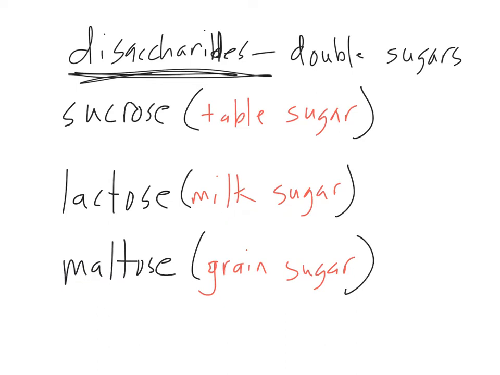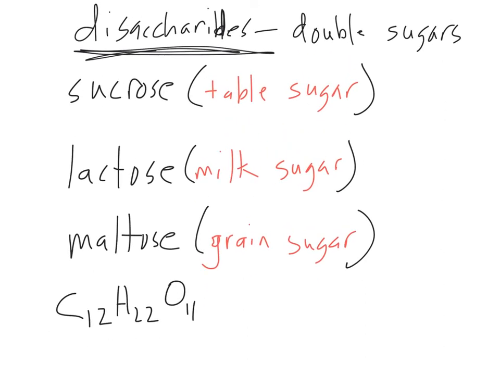Okay, so let's talk about what makes each of these. So the formula for these is going to be, let's see. So all 3 of these have the same formula, C12H22O what? If it's 2 to 1, what's half of 22? 11. Why would it not be H24O12? You got 22 hydrogen. Okay, because look, let me draw how we bonded it. So let's say we've got this one bonded to this one. What do we know has to come out in order for that bond to form?